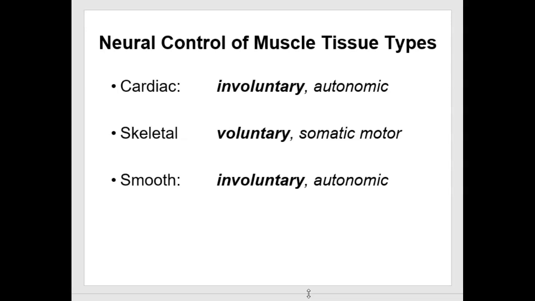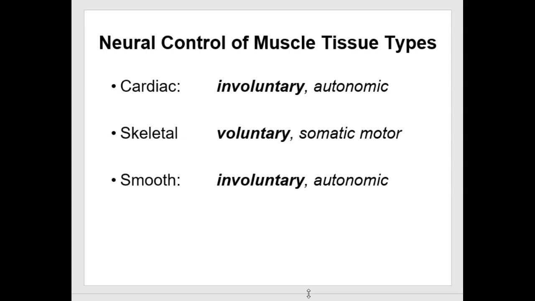It's called involuntary muscle tissue or involuntary neural control. Now, the heart does beat without input from the nervous system, but it can speed up or slow down its heart rate based on input from the autonomic nervous system. We'll talk more about the autonomic nervous system when we're in Unit 3.